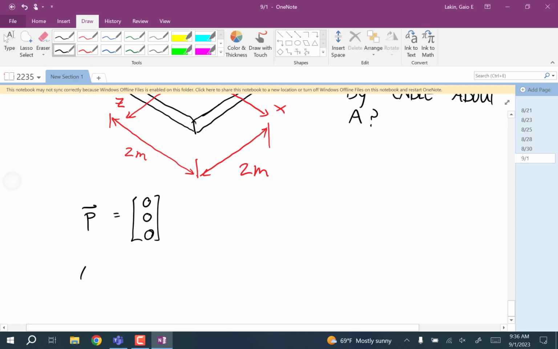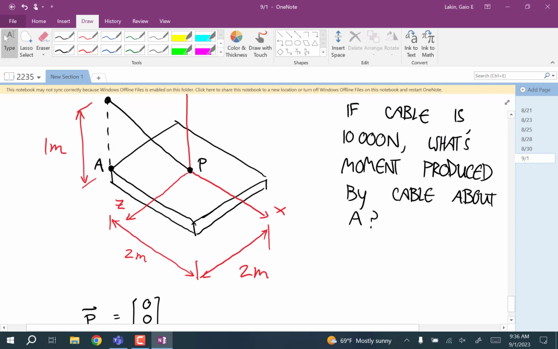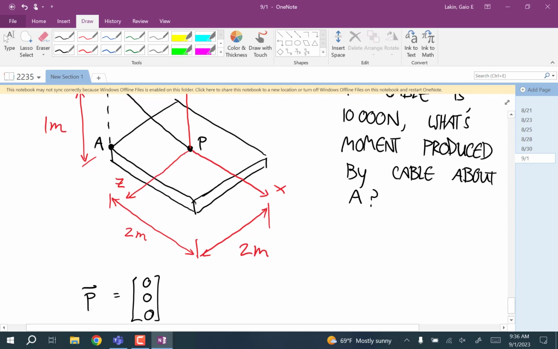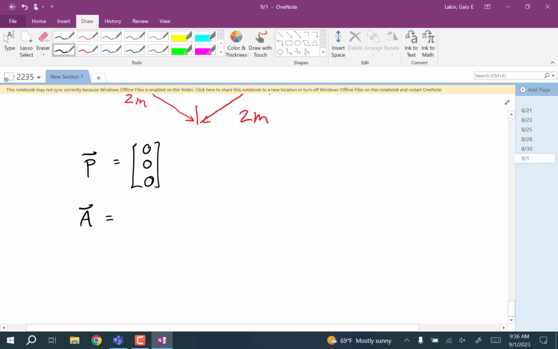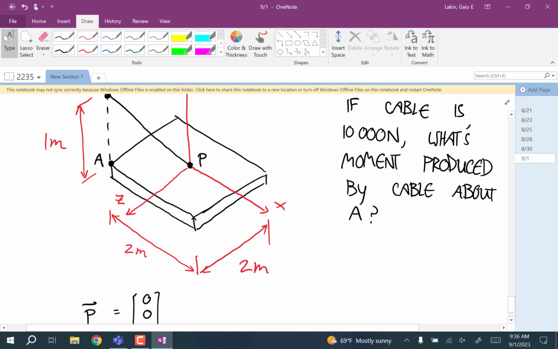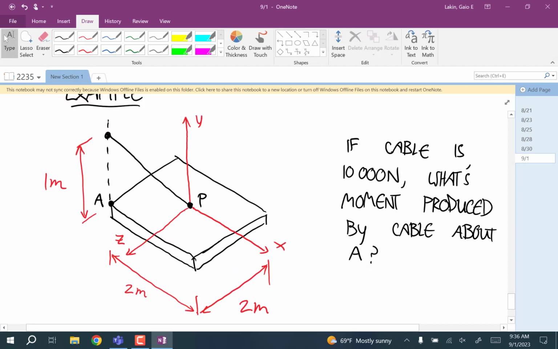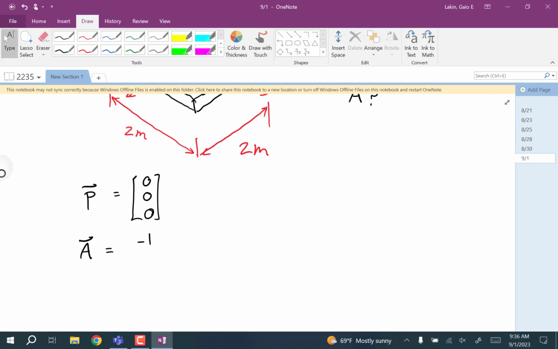The point A, let's come up with the coordinates for that. So if our P is exactly at the center of this square, where do you have to go along the x-axis? -1. Yep, -1. Everybody see that? Okay, so we have -1. And then where do you have to go along the y-axis? 0, exactly.